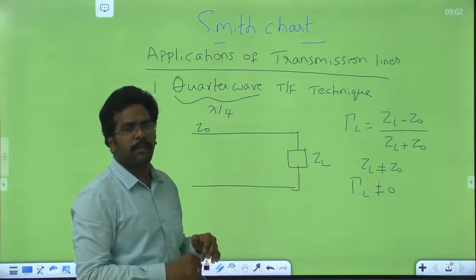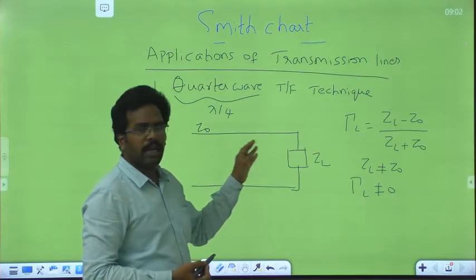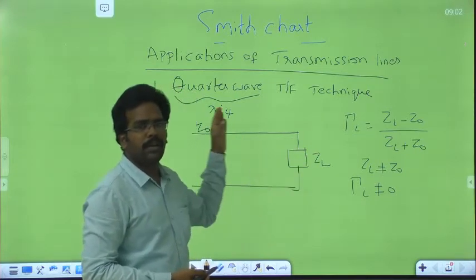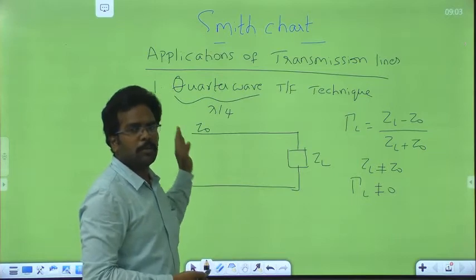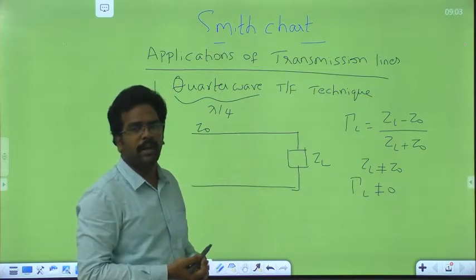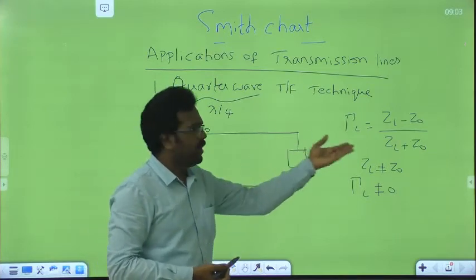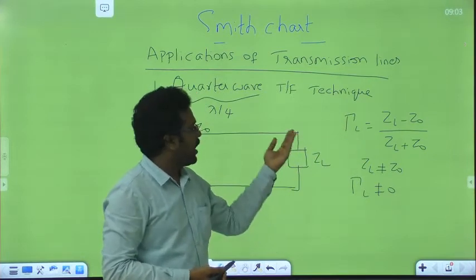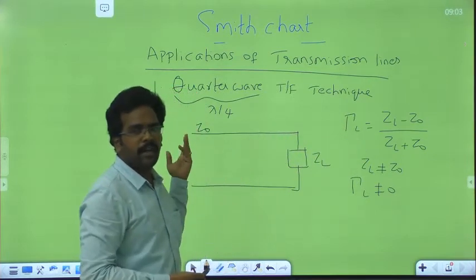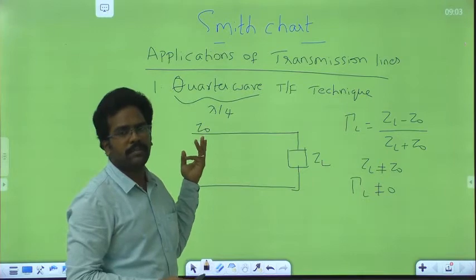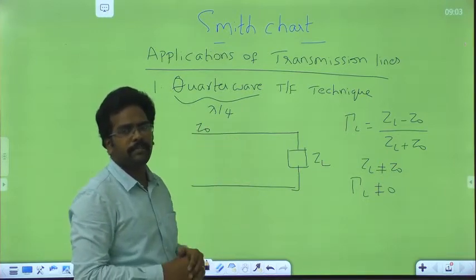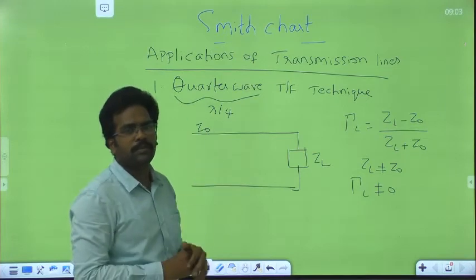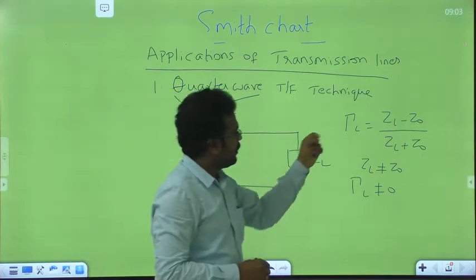According to the maximum power transfer theorem, if the load impedance is equal to the input impedance, then maximum power is transmitted from source to load. That is what I am expecting. But if any impedance mismatch takes place, a fraction of the wave will be reflected back to the source side. That is not required for us. So by using some technique, we have to do impedance matching between the source and the load.